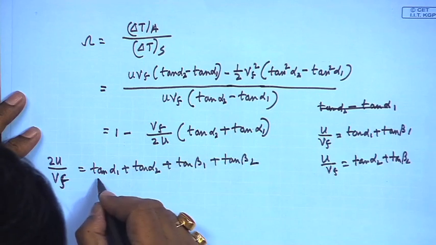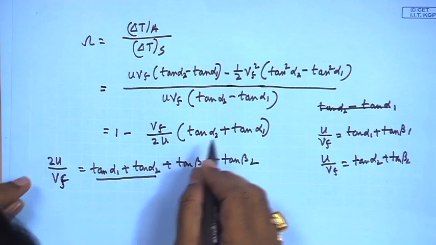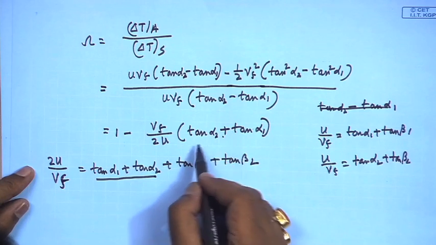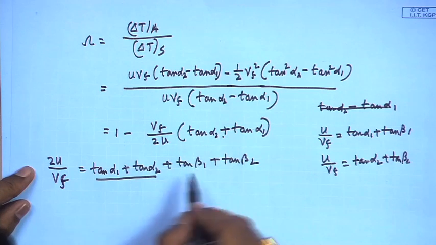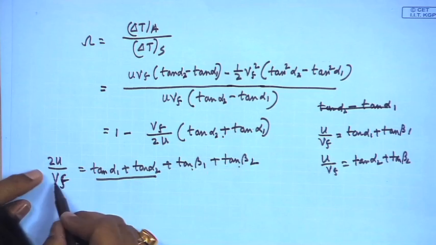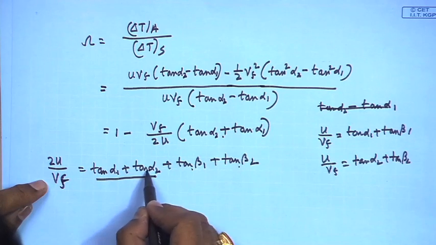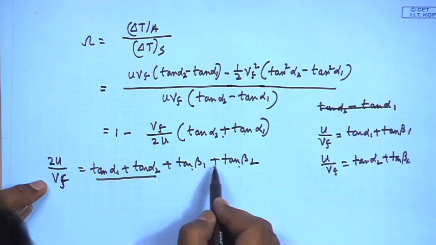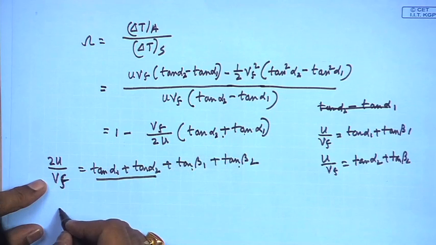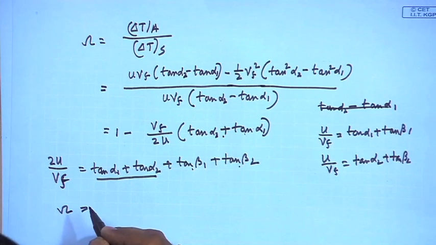Now, if tan alpha 1 plus tan alpha 2 is eliminated in terms of tan beta 1, tan beta 2 from this, that means tan alpha 1 plus tan alpha 2 is written as twice u by Vf minus this. If you write here, then finally you get an expression for the degree of reaction. If you do it, it is very simple. There is nothing difficult.